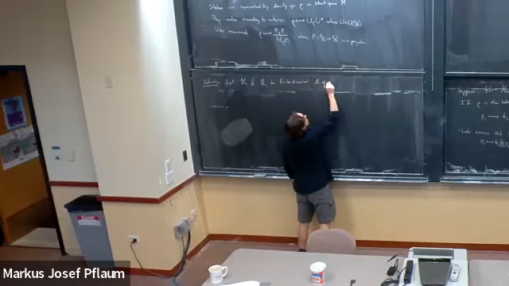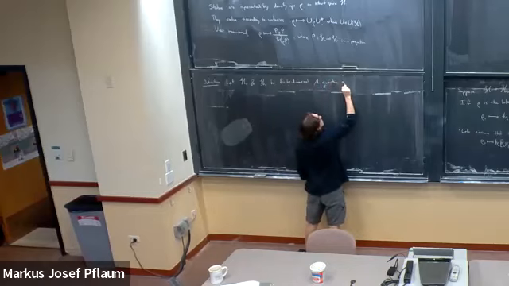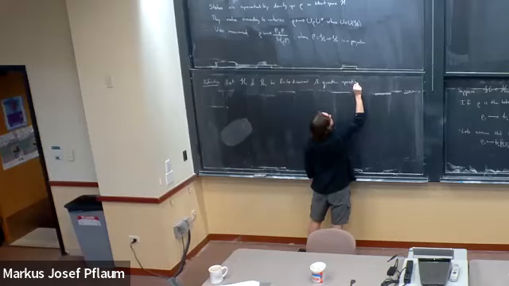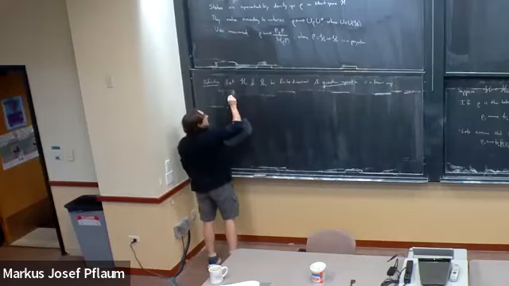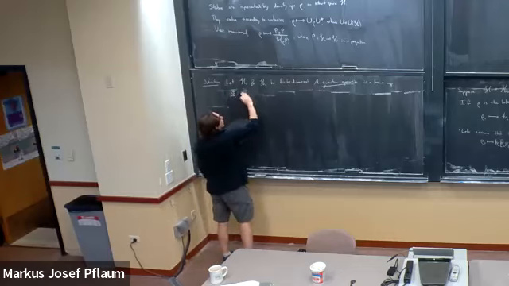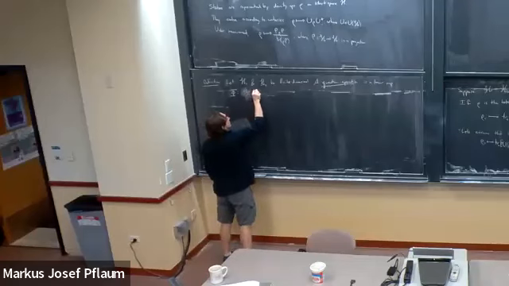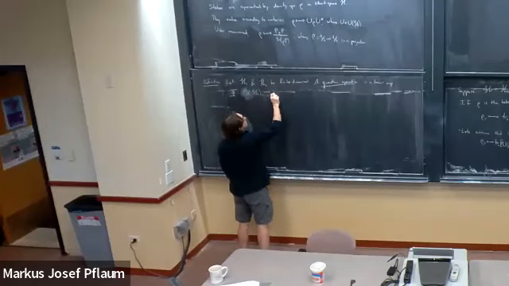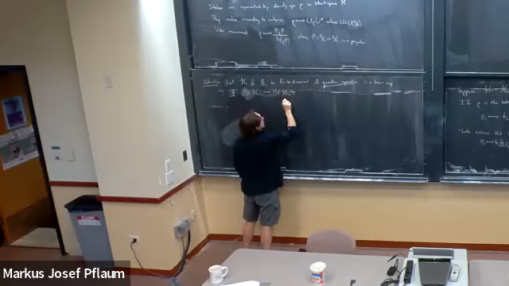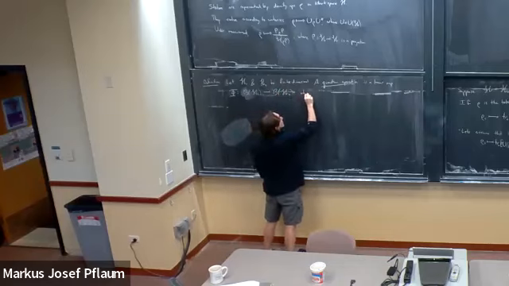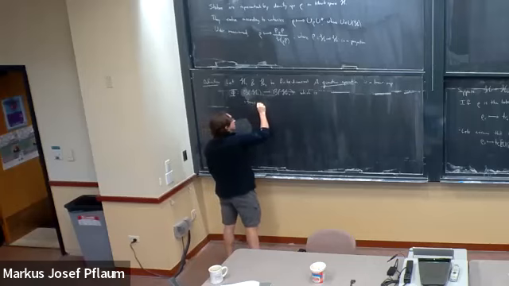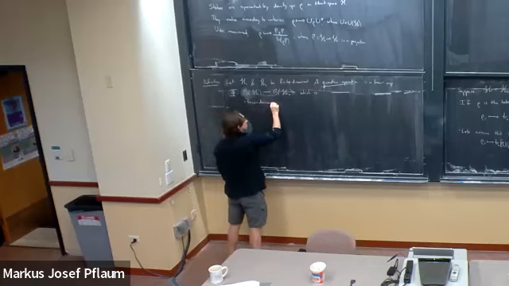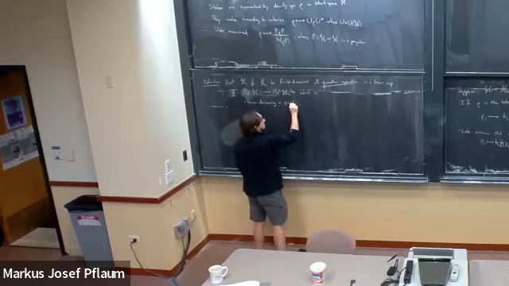So a quantum operation is a linear map, which I'll call capital Phi, from bounded operators on H1, or just linear operators since we're finite dimensional, to bounded operators on H2, which is trace decreasing on positive operators.